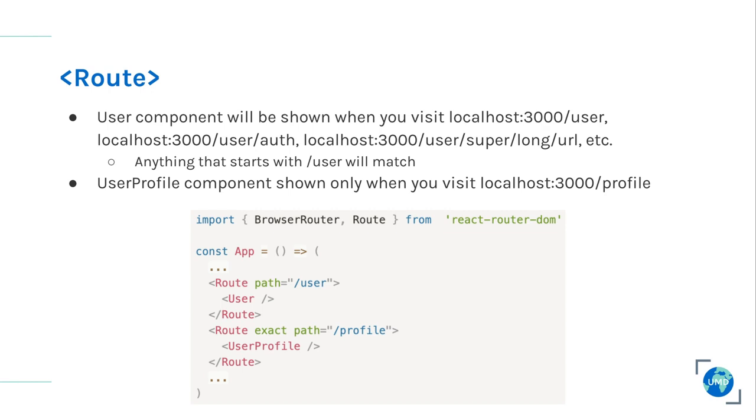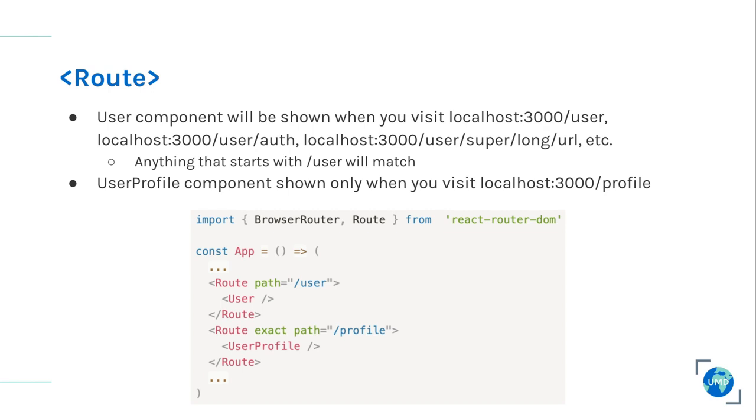In the first bullet point, it talks about how if you have three different URLs, localhost:3000/user, localhost:3000/user/auth, and /user/super/long/URL, every time that /user is a prefix for any URL, that URL is going to get rendered, meaning all three URLs from the first bullet point match /user, and as a result, the user component is going to get rendered.